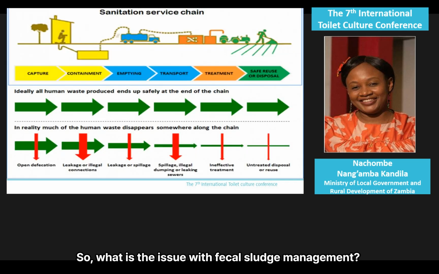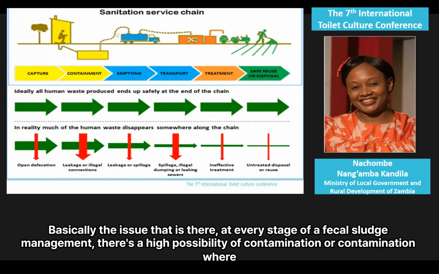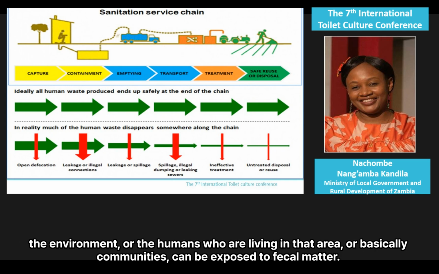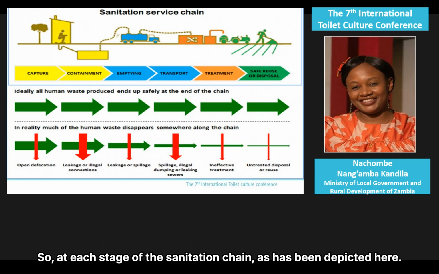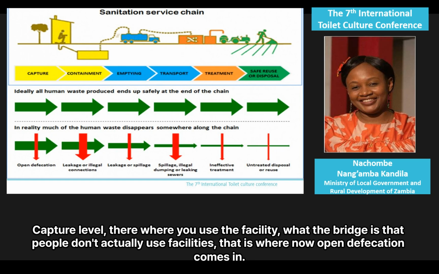So what is the issue with fecal sludge management? Basically, at every stage of fecal sludge management, there's a high possibility of contamination, where the environment or the humans living in that area, or communities, can be exposed to fecal matter. At each stage of the sanitation chain, as depicted here, at the capture level, where you use the facility, the breach is that people don't actually use facilities.